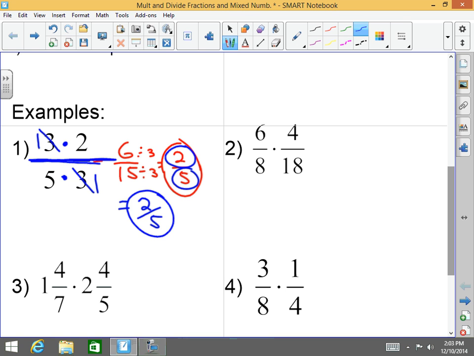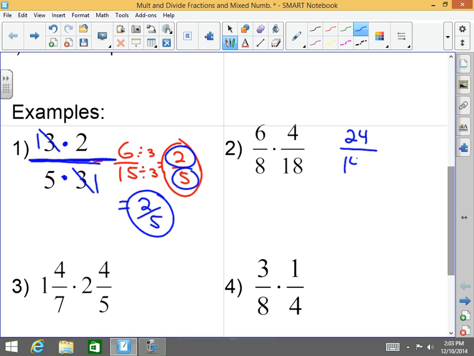So please be careful. However, it saves you time and effort if you just factor out the common factors from numerator to denominator first. I'll show you how much better it is. Let's do number 2 the long way. 6 times 4 is 24. 8 times 18 is 80 plus 64.